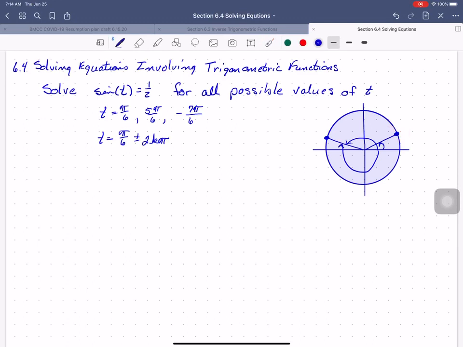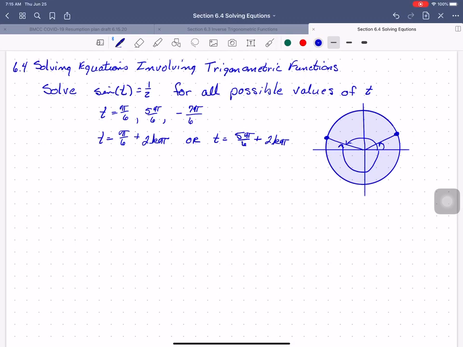Now we've got to get the other half. So now we've got to think about all the angles that can be coterminal with 5 pi over 6. So we can write, or t equals 5 pi over 6, well, actually we just need plus 2k pi, because k is any integer, and it can be negative.